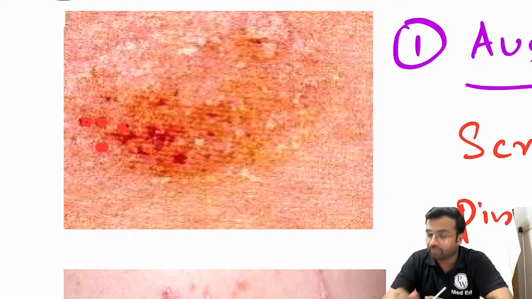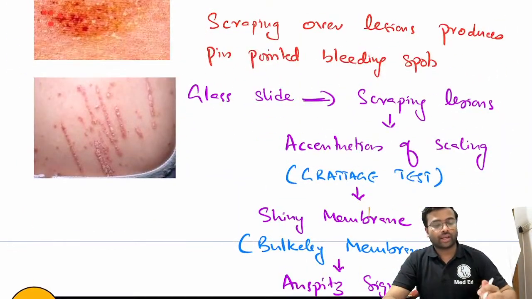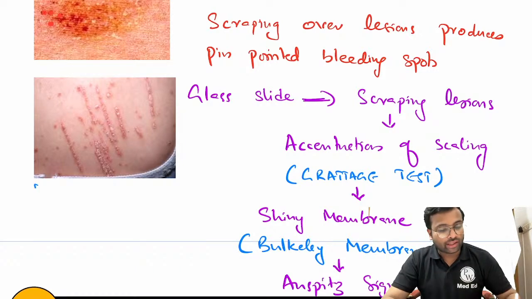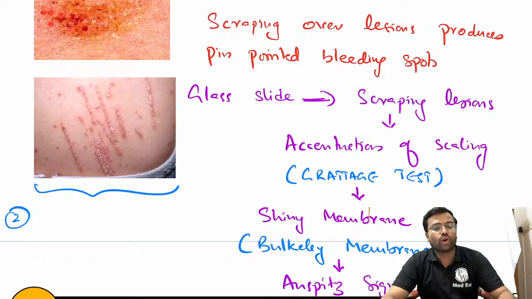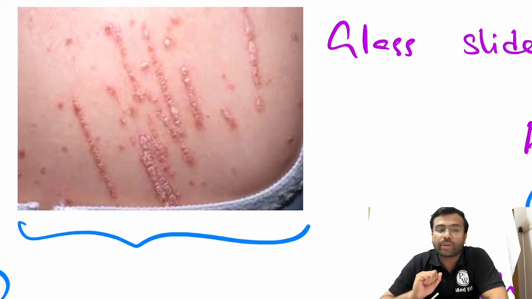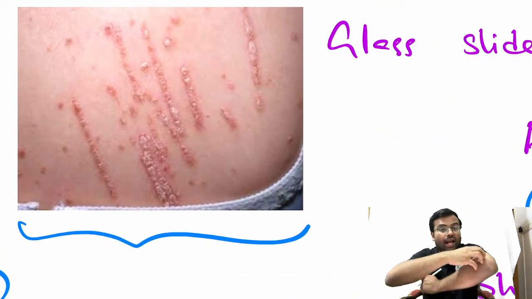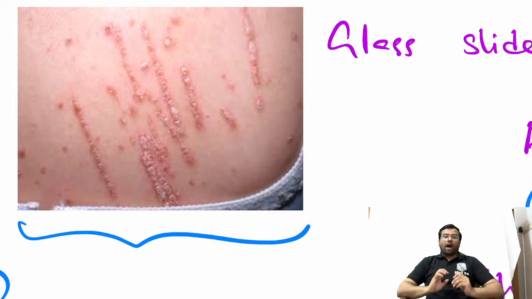Is that clear? Now, the second one is this one. Regarding this image, who can answer what this second clinical sign is? I'll give you a simple example of what has happened in this patient. The patient has scratched over the skin. After scratching, the patient has developed new plaque lesions over the skin.